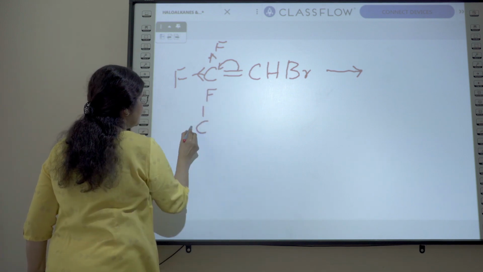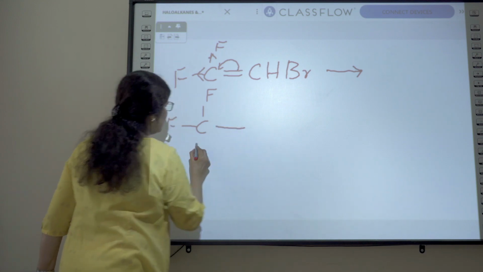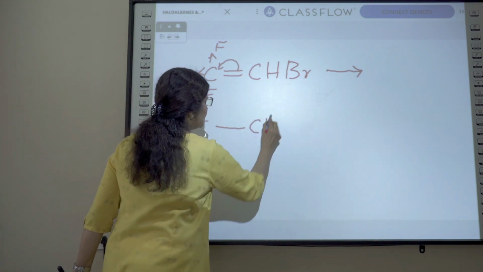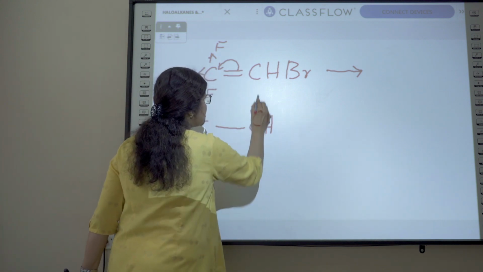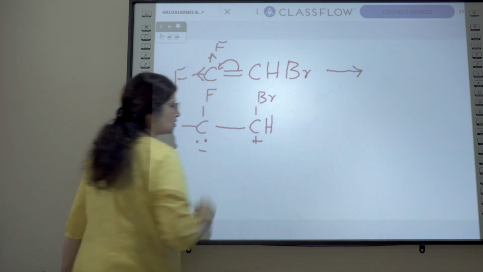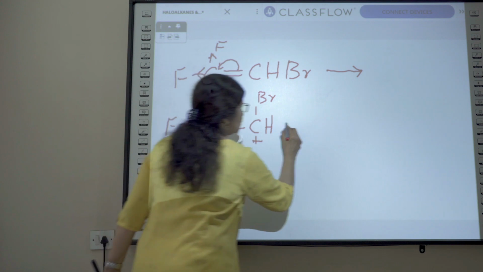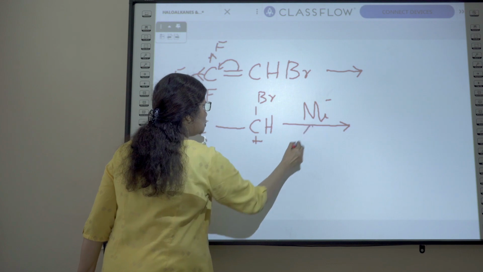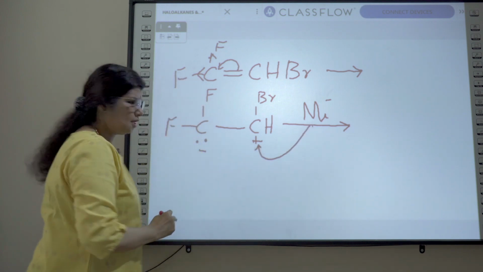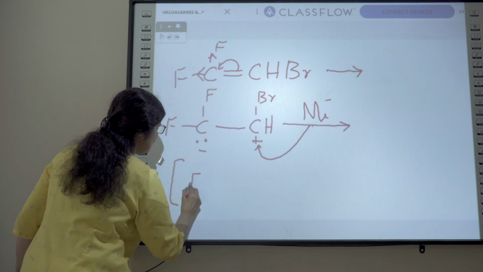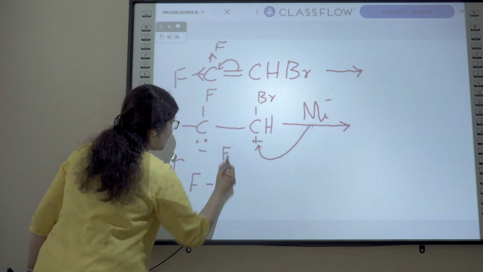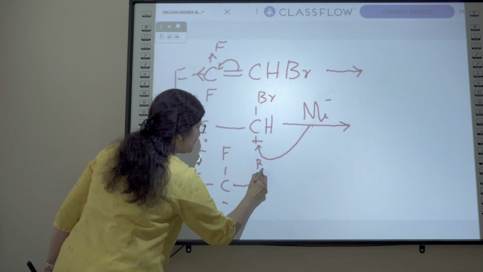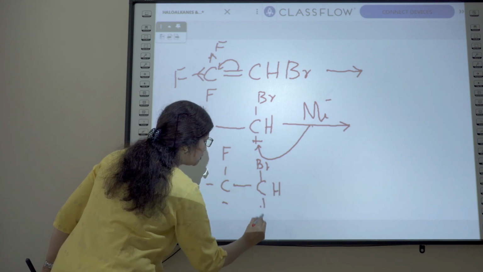So what do you get here? CF2 single bond, and this carbon has a negative charge, and you have CHBr, and this carbon atom has acquired a positive charge. Now the nucleophile will be attracted towards this positive carbon to give you the expected intermediate: CF2 with a minus charge here, single bond, CHBr, and the nucleophile.